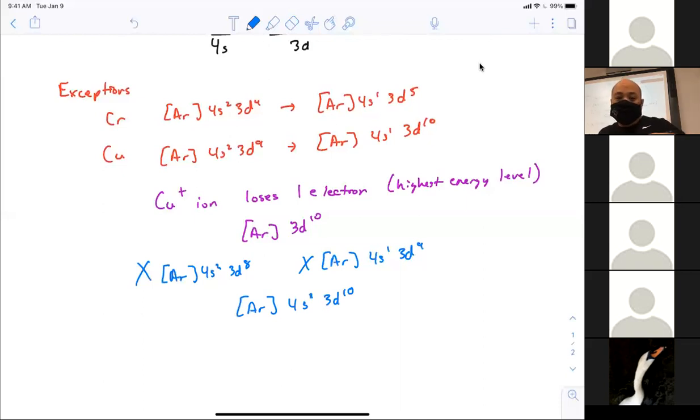And if you have to recall multiple things to apply it, that's a better question that reflects your understanding. So they like to use copper plus as an example, because copper 2 plus, you could stumble across the right answer for the wrong reasons. But copper 1 plus, you can only get it right if every single concept is applied correctly. Okay.